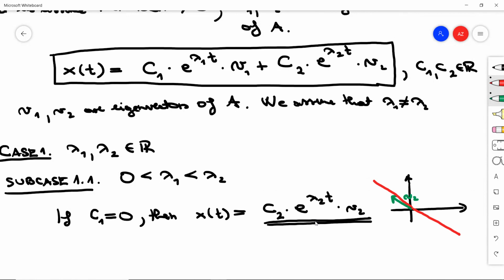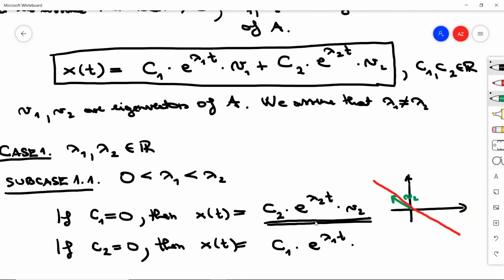The same is true if we take C2 equal to 0. In this case, x(t) is C1 times e to the power of lambda 1t times V1. Again, this is a so-called degenerate solution. It's a line. Now, before I draw the line in the so-called phase plane, we call this picture the phase plane.